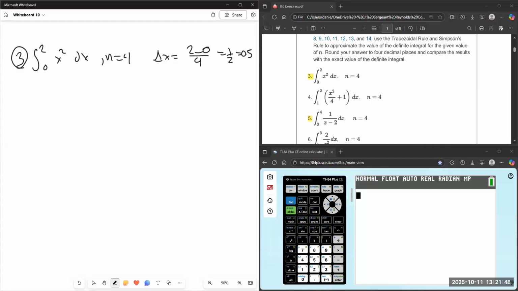So then the trapezoidal rule here is going to be half of 0.5, which is 0.25, times, and I'll put another set of parentheses here, y1 of 0 plus 2 times y1 of 0.5 plus 2 y1 of 1 plus 2 y1 of 1.5 plus y1 of 2.